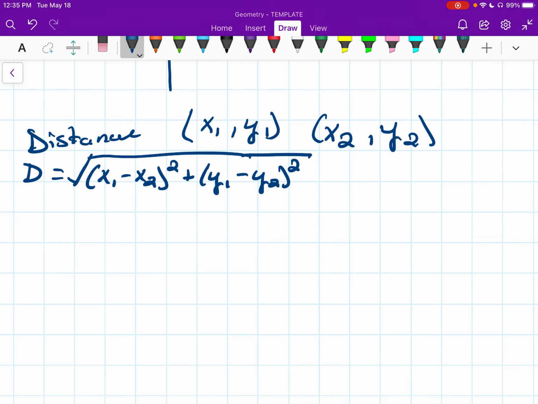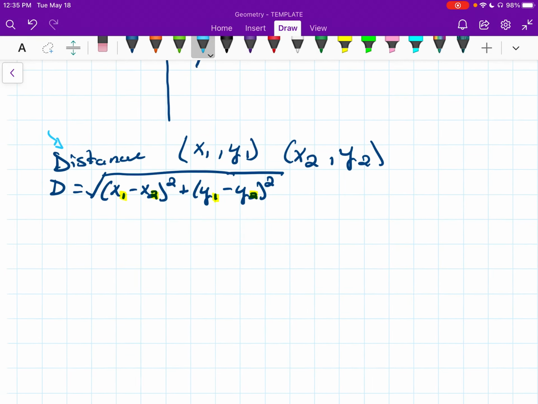Okay, that is the distance formula. You might end up needing that. Sometimes if you look online, they will switch the x1, the y1, and the y2 and x2. That's okay. It doesn't matter what order they are. It just matters that the ones are in the same spot. So if the ones are in the beginning, they have to be in the beginning in both spots, right? So this would be something good to have written down.